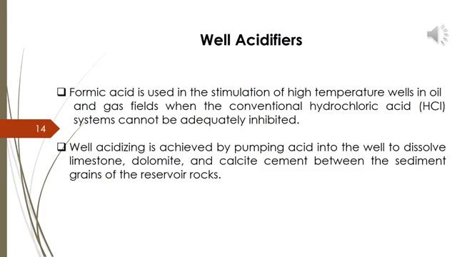In the wells where there are reservoir rocks and sediment grains, there is limestone, dolomite and calcite. All these salts are present in the form of hard material, so they are just dissolved with the help of that acid which is pumped into the wells.